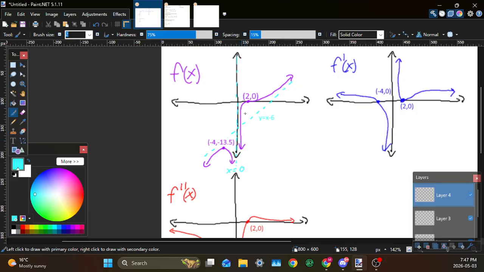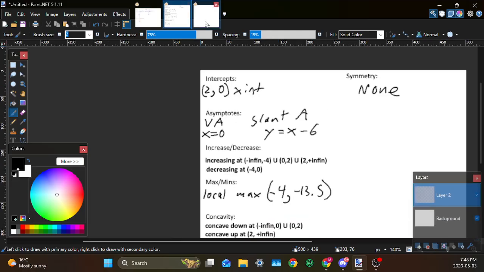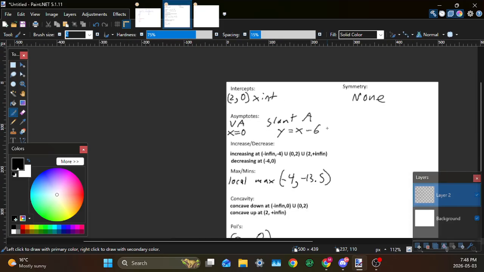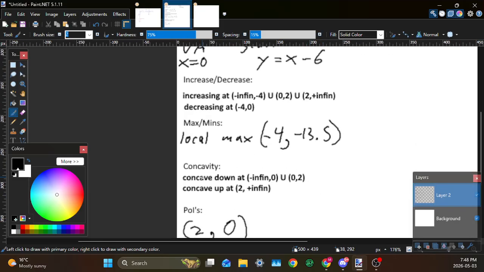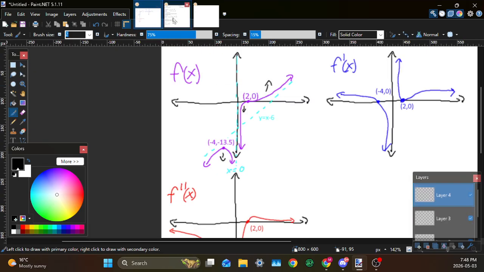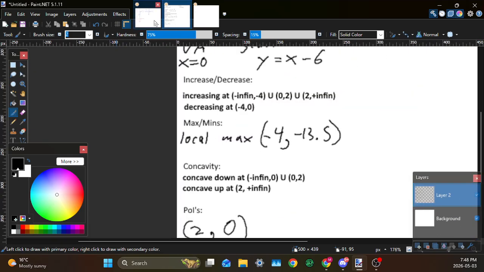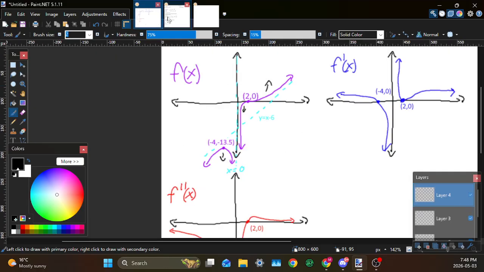We can see here that the concavity in here is just pointing down here, and up here, which follows what we've got here with concave down here, and up there.